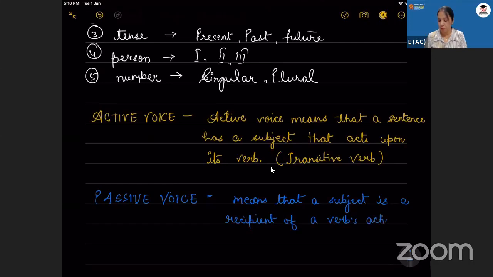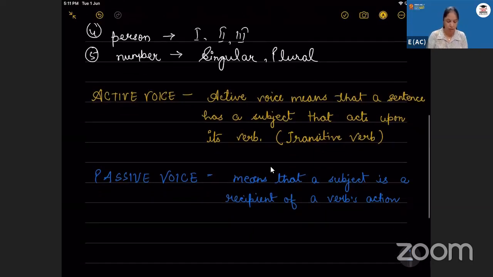Remember? Now you will see how it is done. What is basically the difference?